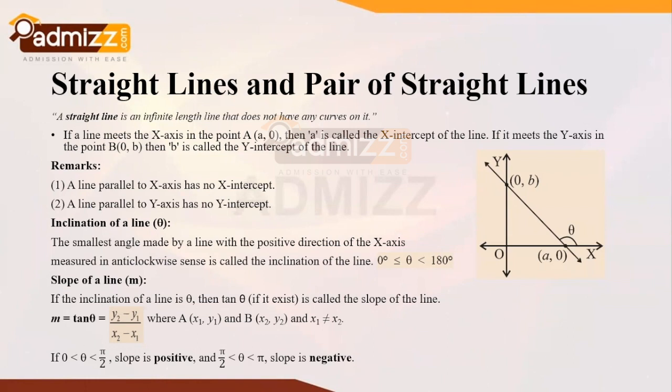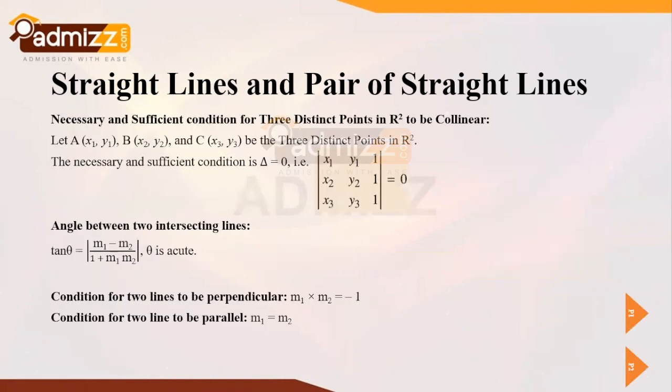Now let us proceed with the discussion of other important fundamentals, that is, the necessary and sufficient conditions for three distinct points in R2 space to be collinear.